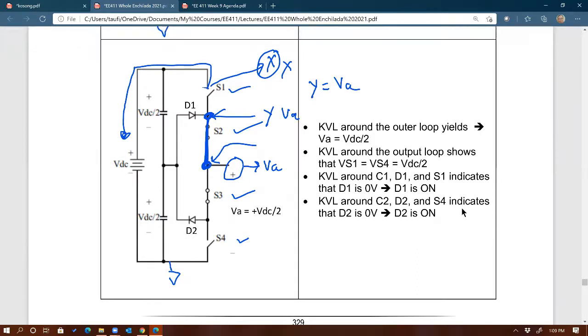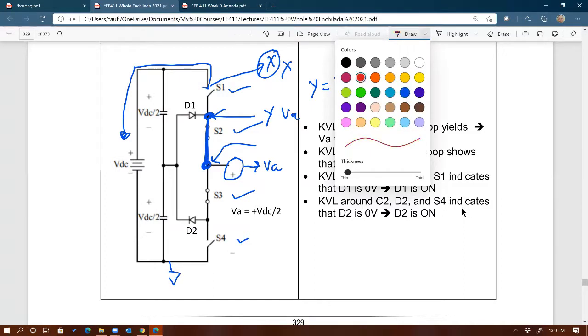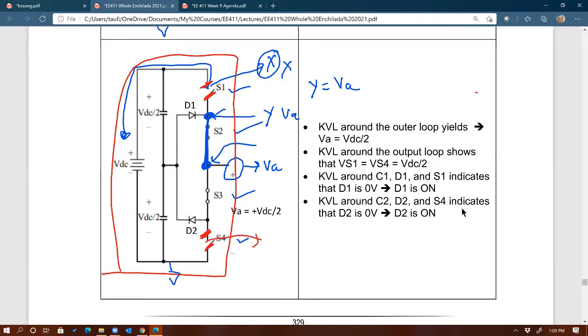But then we can see that the bottom side right there is also open. So if you go around this big loop right here, you can see that the open terminal voltage has to be equal to, by KVL, VDC over 2. And this one is also VDC over 2. Do you agree?